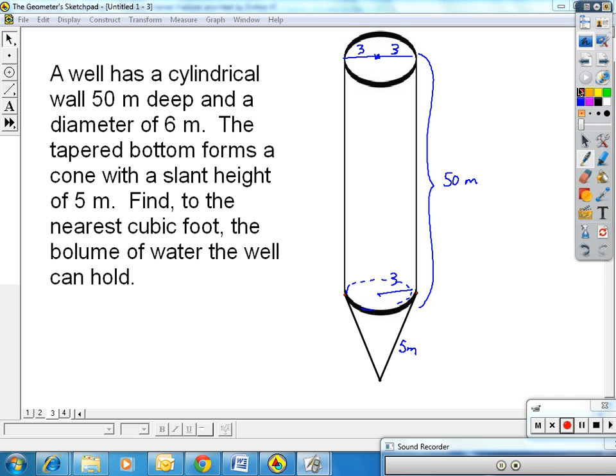If I'm going to find my volume, I'm going to find the volume of the cylinder, which is area of the base times height, which is pi times the radius squared times the height of 50 meters, and that is going to be 9 times 50. 9 times 50 is 450 pi meters cubed. Okay? Alright, so I found that. Now I'm going to find the cone. I'm going to just take it in two parts here.